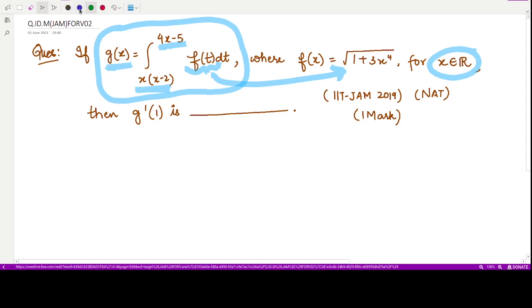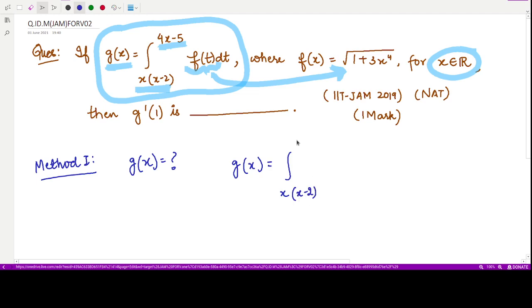Here you have two methods. The first method is the usual, direct method, in which we first calculate what is g of x by evaluating this quantity. G of x is nothing but the integration with lower limit x minus 2 and upper limit 4x minus 5 of f of t, which is square root of 1 plus 3t to the power 4 dt.